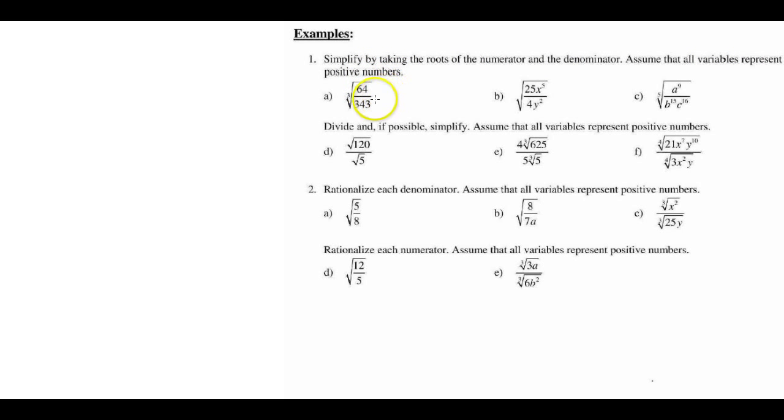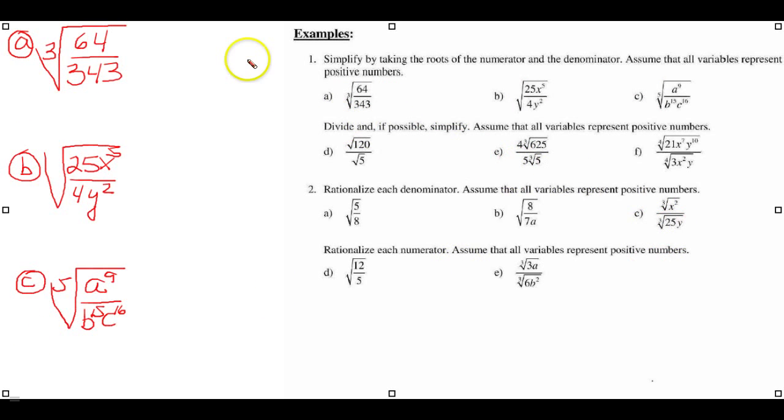So our first thing, let's copy A, B, and C over there, and we'll work it out. Okay, so we're going to analyze this a little bit. And this actually becomes the third root. Now, 64 is actually 4 to the third power.